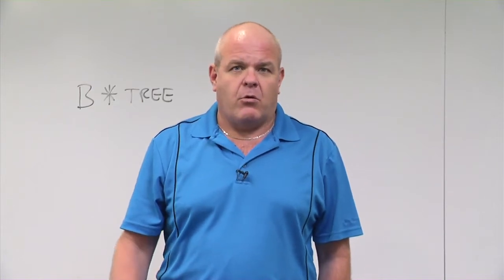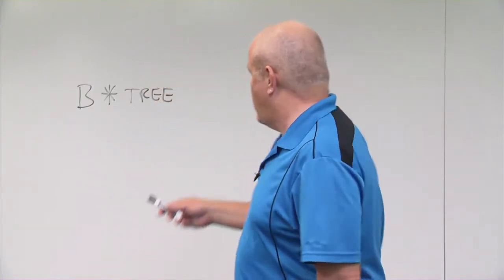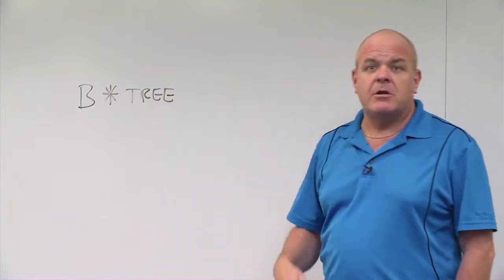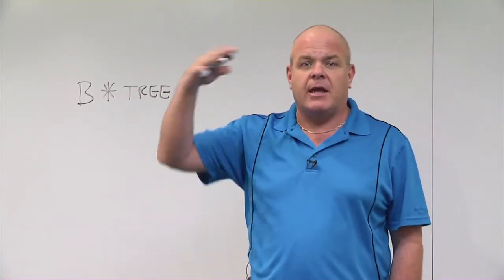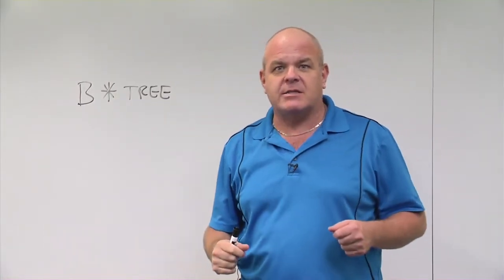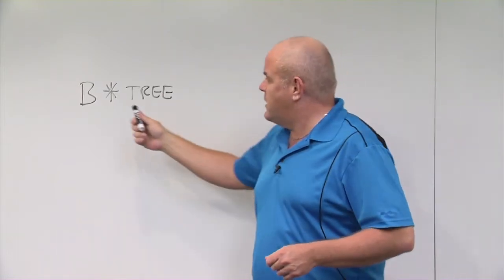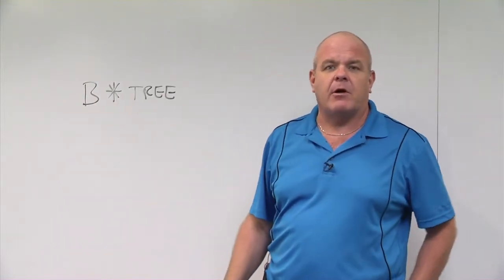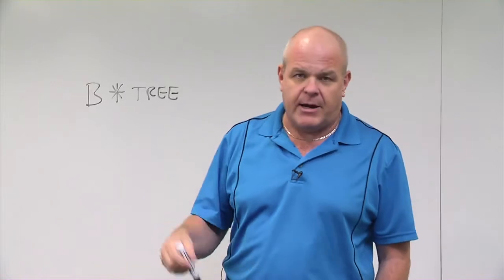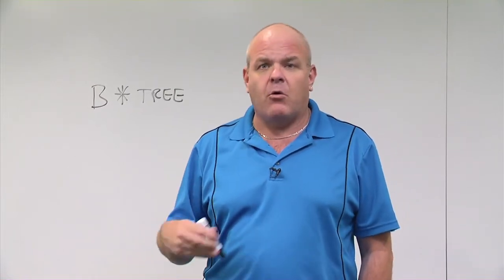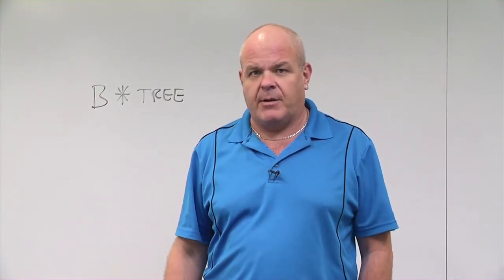Now, in Oracle, our indices are called a B-tree. So we store everything in a tree format. No surprises there. But the interesting thing is what does the B stand for? A lot of people think that means binary tree, and Oracle indices aren't a binary tree.